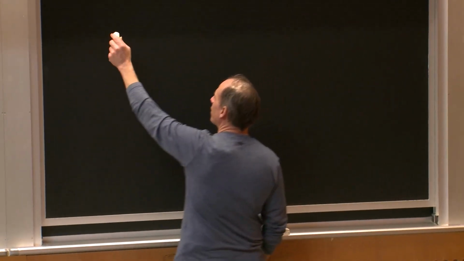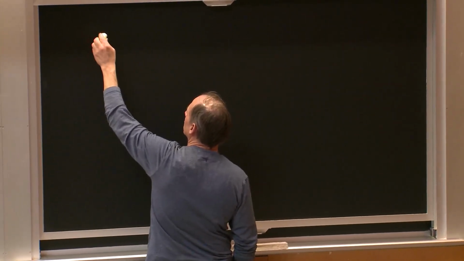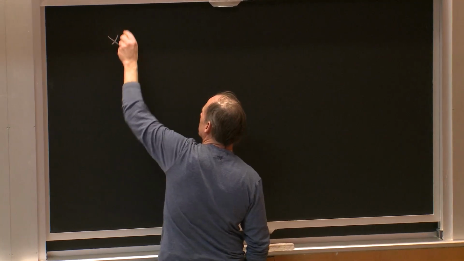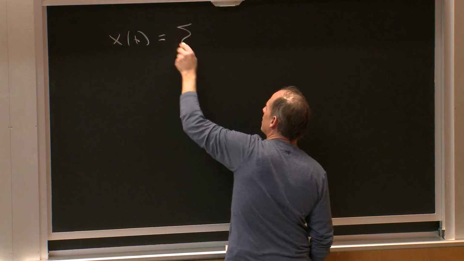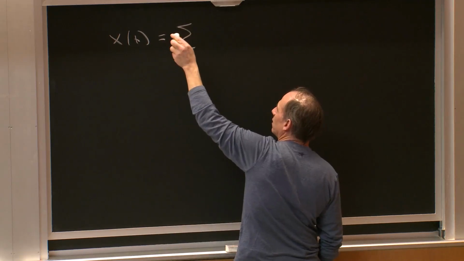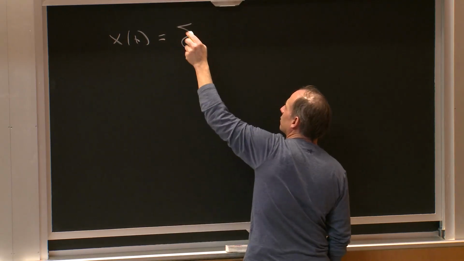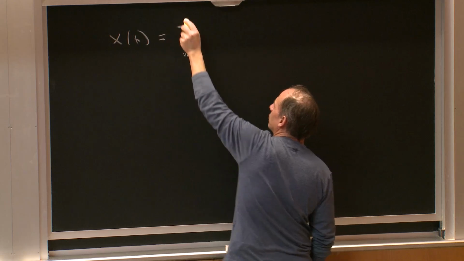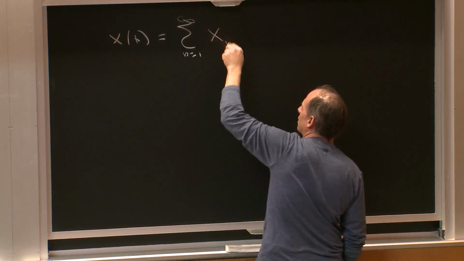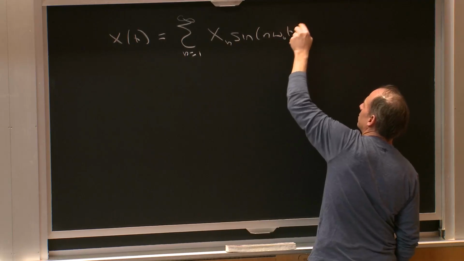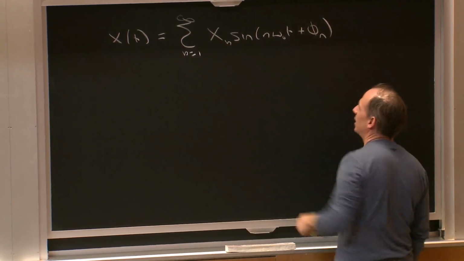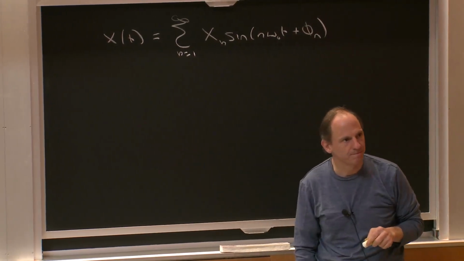Suppose I have some waveform, x of t, that I might express as the summation of n equals 1 to infinity x sub n sine of n omega naught t plus phi sub n. It has some Fourier series.